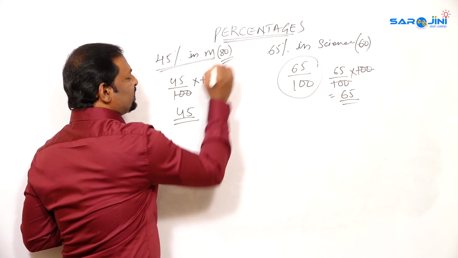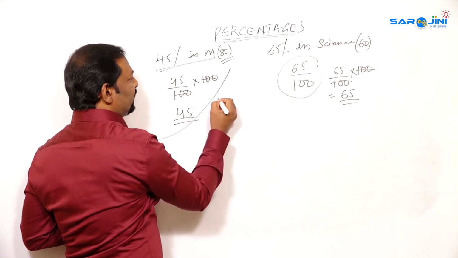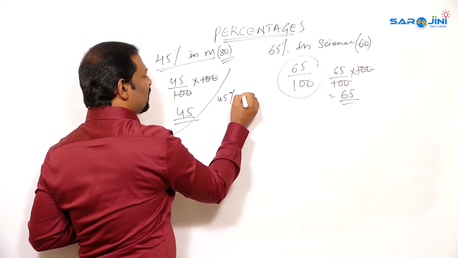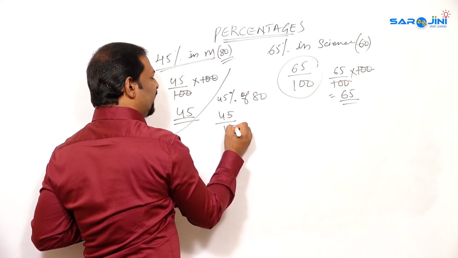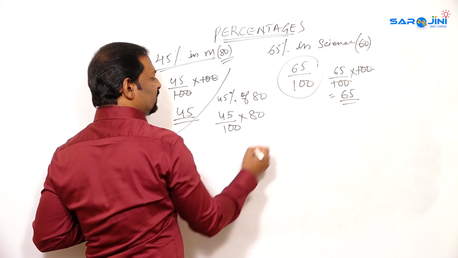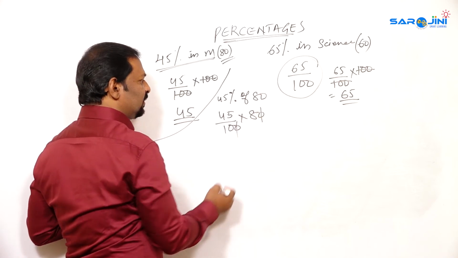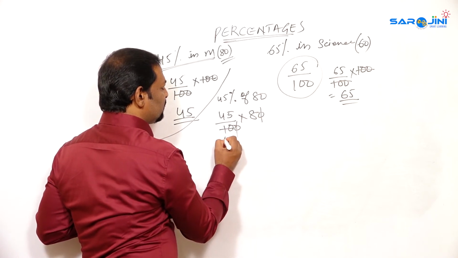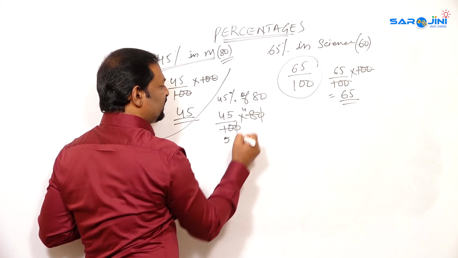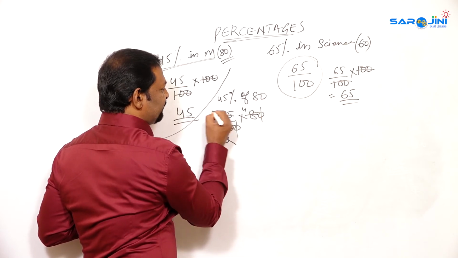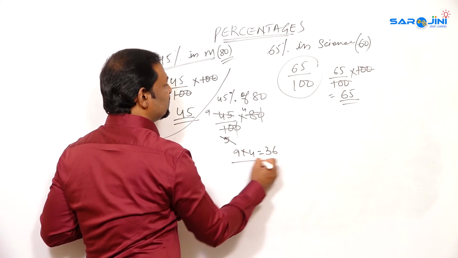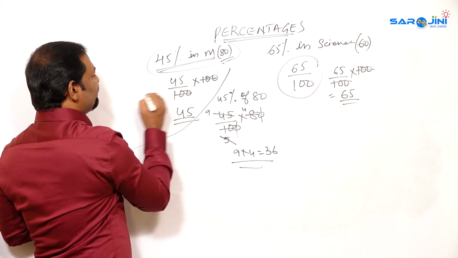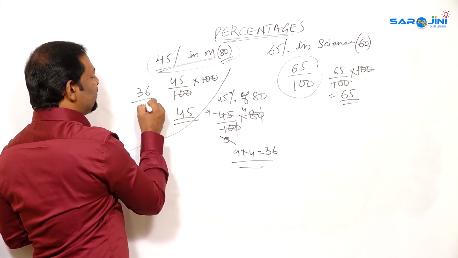Suppose instead the maths paper is for 80 and the science paper is for 60. How do you calculate? 45% of 80 is 45 by 100 into 80. The 0 gets cancelled. Here 5 twos... 5 fours... 5 ones are 5, 5 nines are 45. So 9 into 4, which is equal to 36. That means this fellow got 36 out of 80 marks.